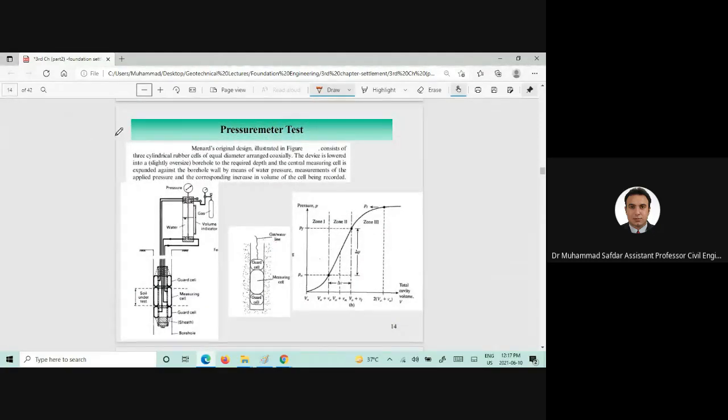Now, the pressuremeter test is one of the tests used to find out the modulus of elasticity in the field, and there is a device which is lowered into the borehole. This is the zoom in view of this portion where we have a guard cell.